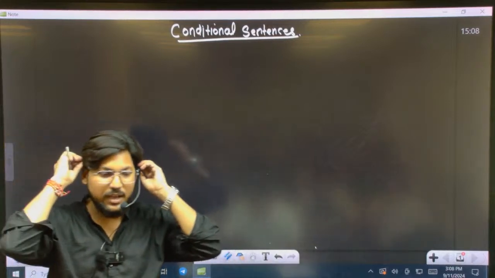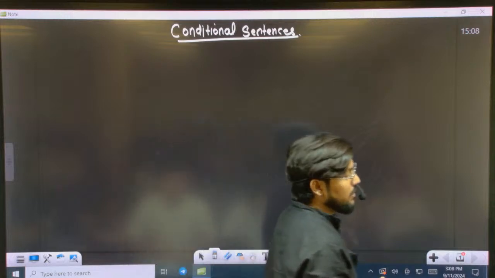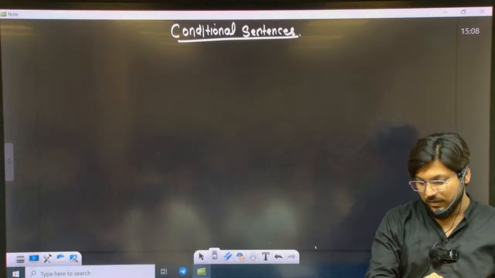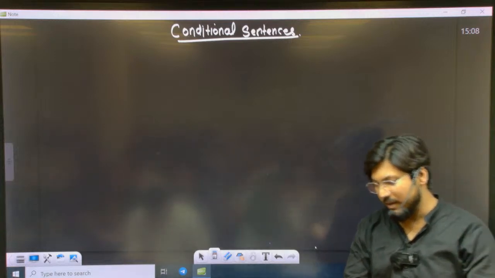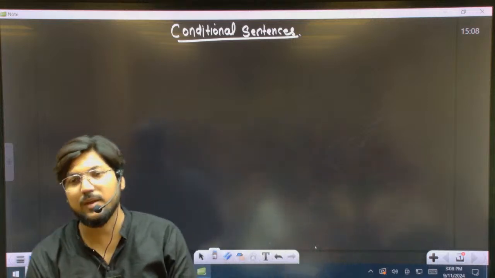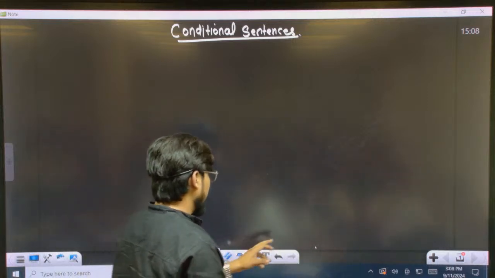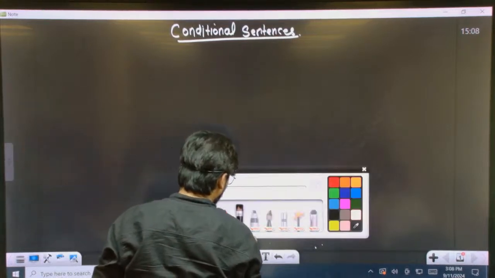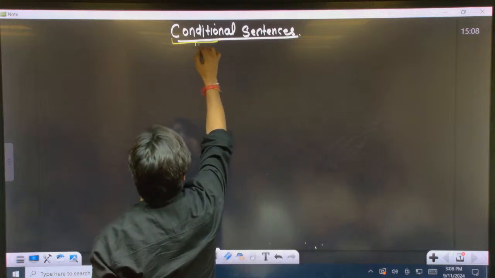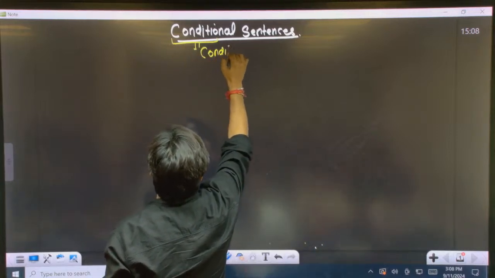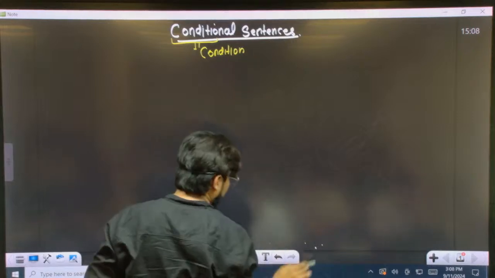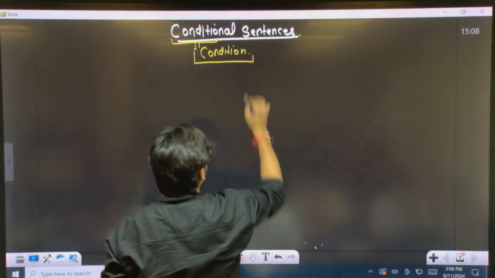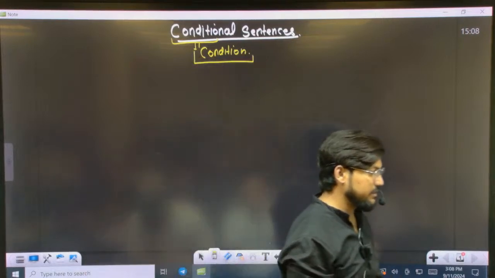Whenever you wish to make a sentence in English, if the sentence is condition-based, then you need to follow some rules and regulations. And what are those rules? You need to follow a condition in order to make a sentence correct, right?